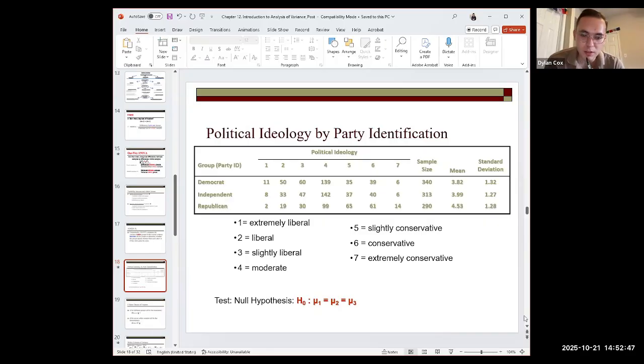Someone who is extremely moderate might vote either way, left or right. That's true. Statistically, maybe more Republicans tend to be ideologically conservative, and vice versa. There's some sort of relationship going on.